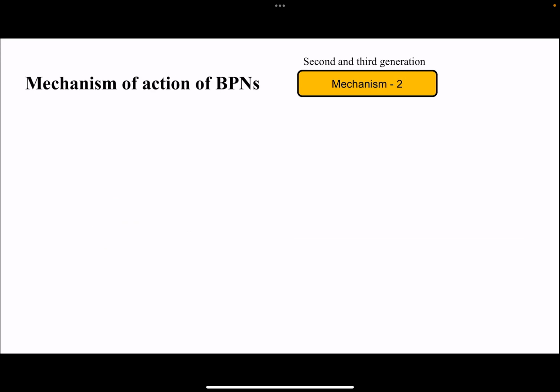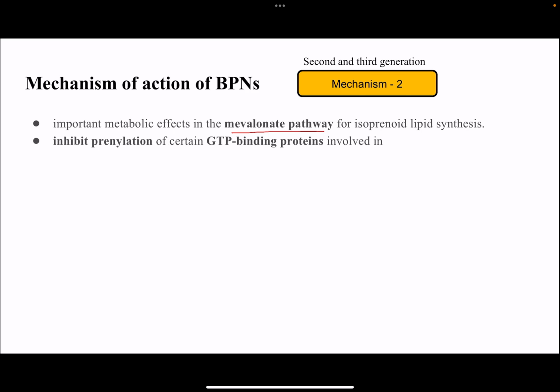Apart from that, the second mechanism, which is shown by the second and third generation because of their nitrogenous side chains or nitrogenous substitution. They have an important metabolic effect on the mevalonate pathway, that is the lipid synthesis pathway. It will inhibit the prenylation process of certain GTP binding proteins which are involved in the cytoskeletal organization of the osteoclast, as well as the membrane ruffling of the osteoclast, as well as the vesicle movement and the fusion of the osteoclast.